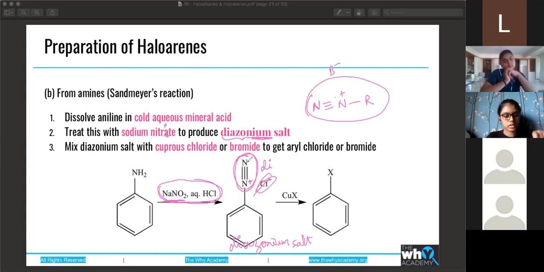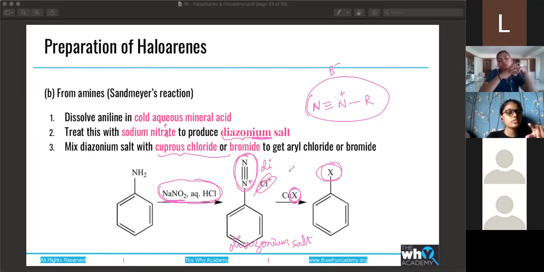Yes. Okay. Then you mix this with a cuprous halide to get your haloarene. So what halogen you take along with copper will decide what halogen you're going to get over here.